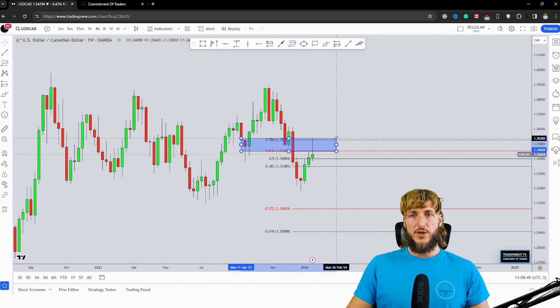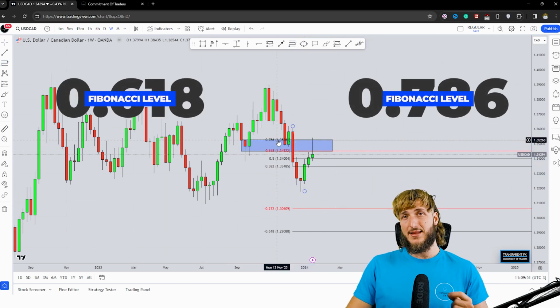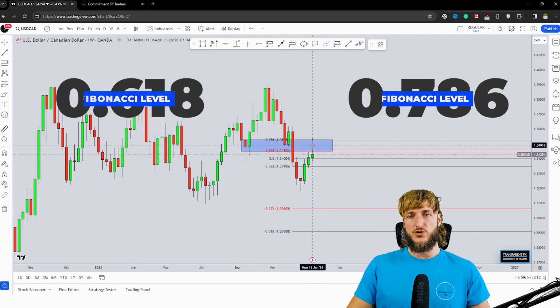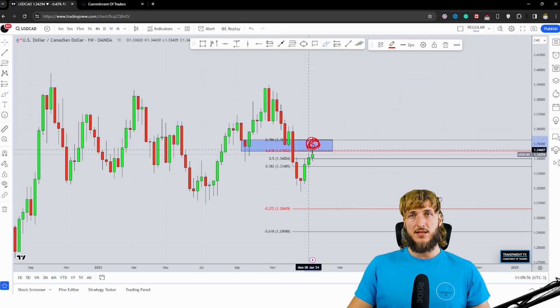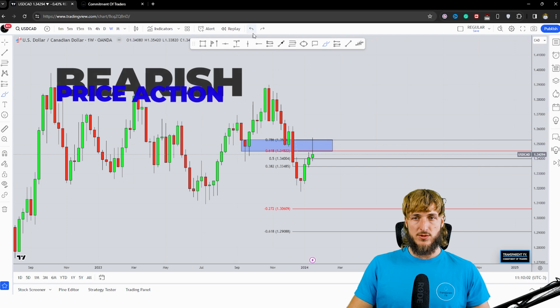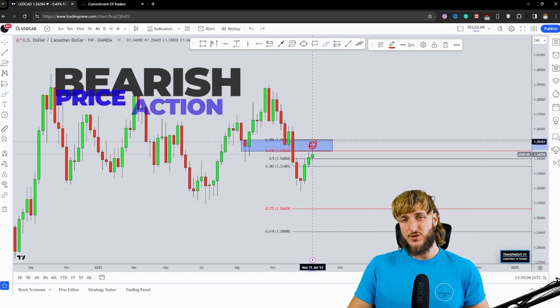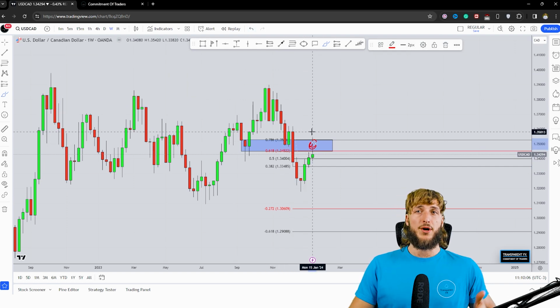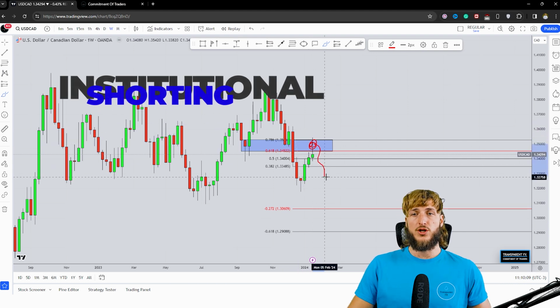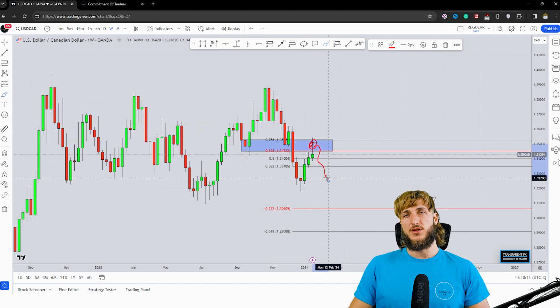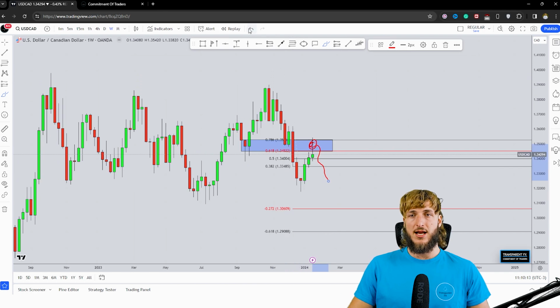And if we do that, we can see how we have the 0.618 and 0.786 Fibonacci retracements lining up exactly inside of this area, which the market has in fact just tested and now has started rejecting to the downside. And inside of a confluence of resistance area, you expect more institutional shorting, which at that point should further increase the probabilities of a potential rejection to the downside away from the level.